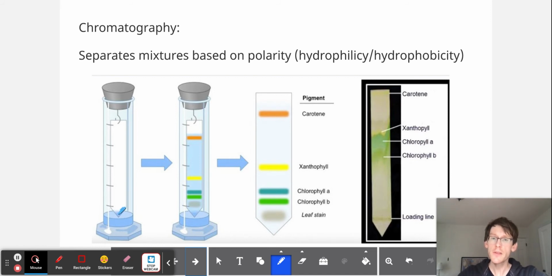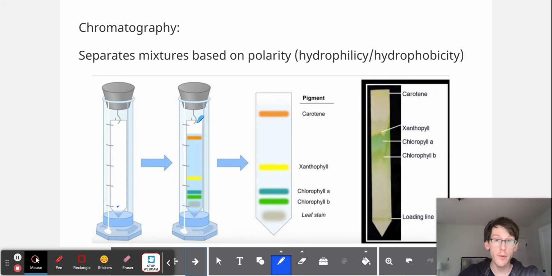Now, with chromatography, you may have seen this in a biology lab, that if you put a pigment onto a piece of paper and allow a solvent like water, for example, to climb up the paper, the pigments that have more of an affinity for the water will travel up further with the water, and those that don't have as much of an affinity for the water will not.